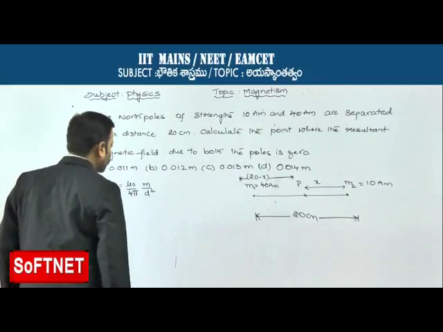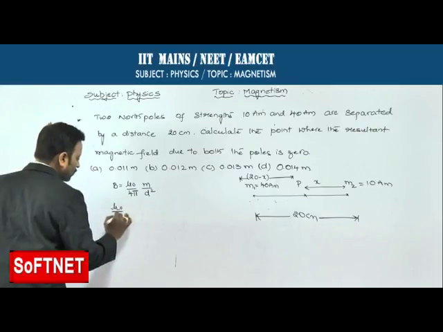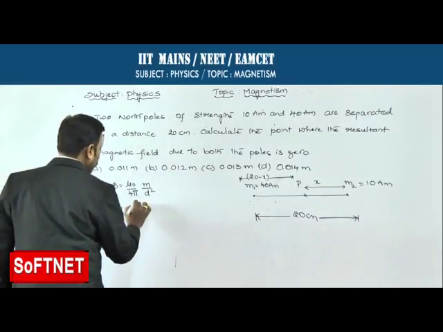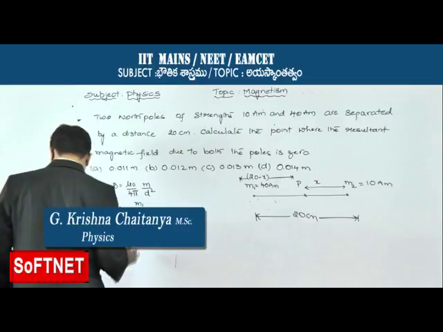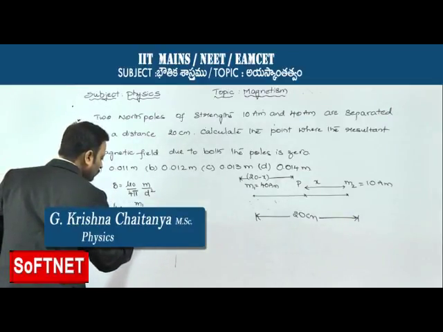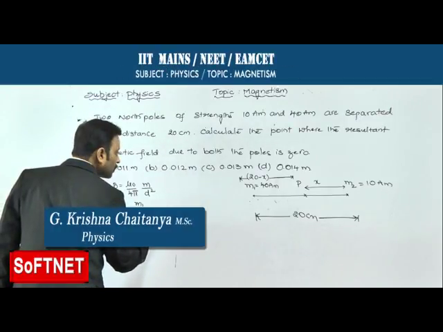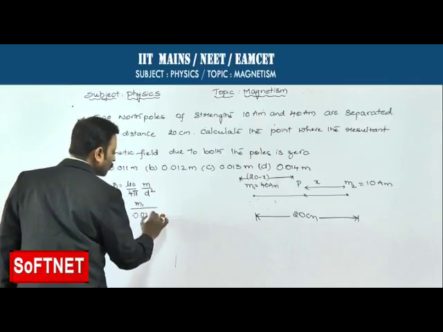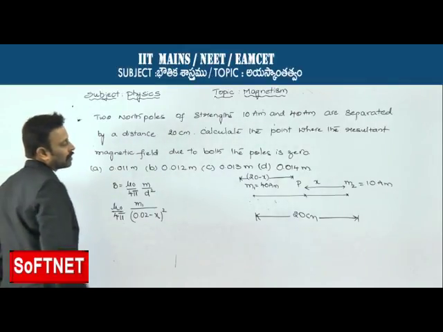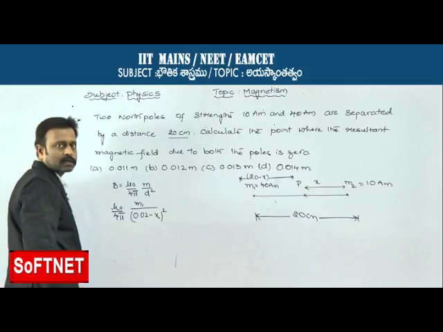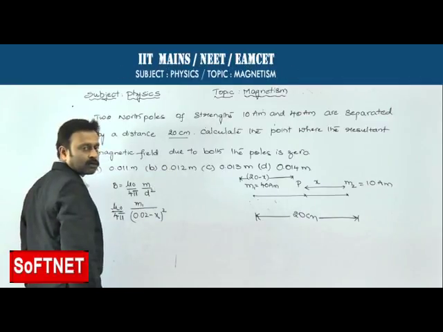To make them equal, first one is mu naught by 4 pi into M1 by, what is the distance of M1 from point P? 0.02 minus x whole square, because as per the data given, the distance is in CGS units, so it has to be converted into SI units, as 20 centimeters is equal to 0.02 meters.